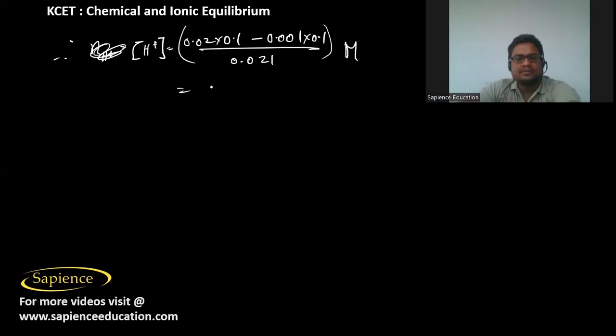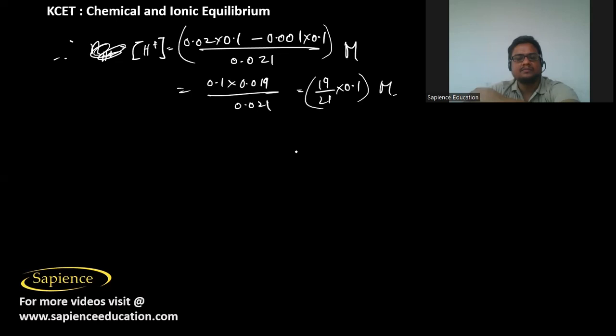This will be 0.1 into 0.020 minus 0.01, that is 0.019, divided by 0.021, that is 19 by 21 into 0.1 molar.